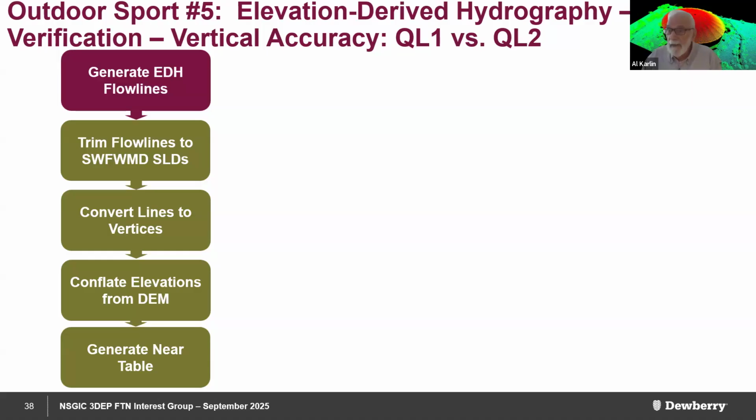I trimmed the resulting lines to the single line drains that we had ground truthed. I converted those lines to vertices, conflated the elevations to the elevation models from the QL1 and QL2 LiDAR data, and generated near tables.